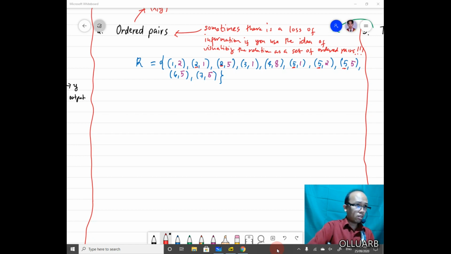Okay, let's have some note here. Let's use the color green. Let's put a note here, or shall I say a reminder. When we talk about a function described using ordered pairs, please remember this.